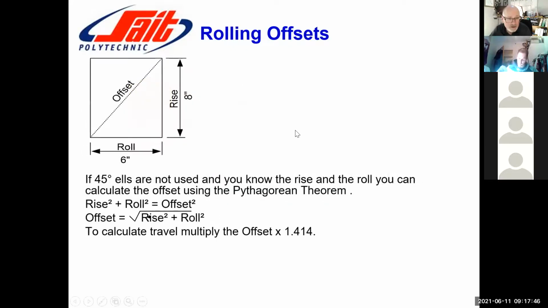Let me go back there. As you can see, the roll is 6 and the rise is 8. Take a minute on your calculator and calculate what the offset is going to be. Can you do that for me?